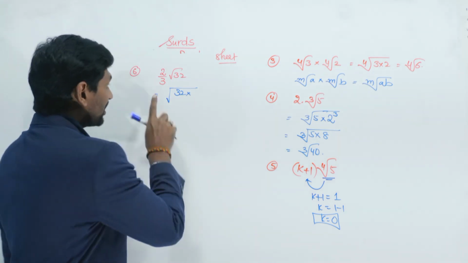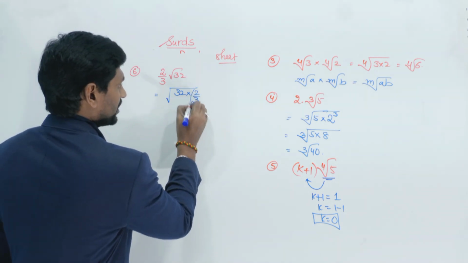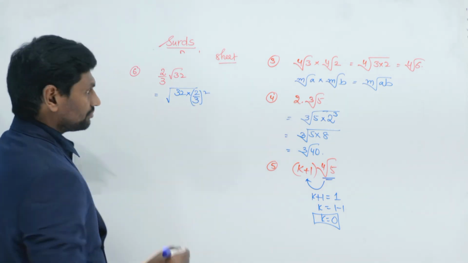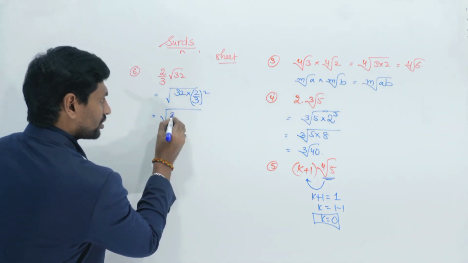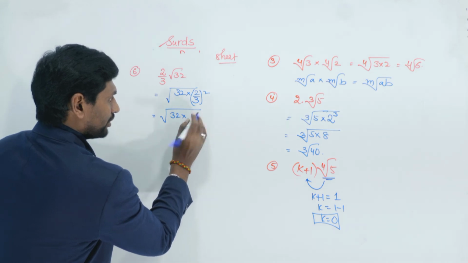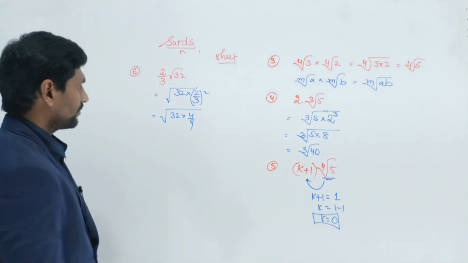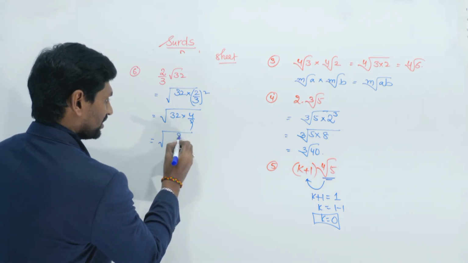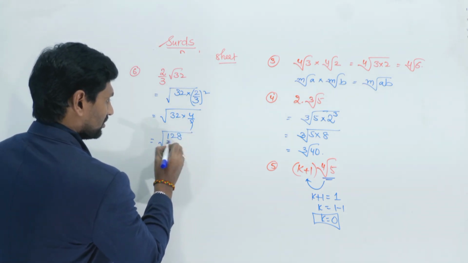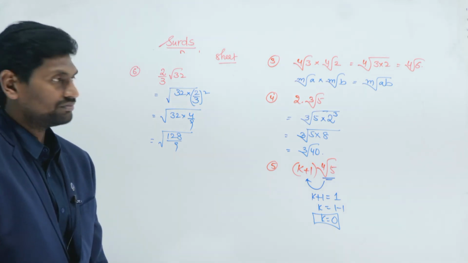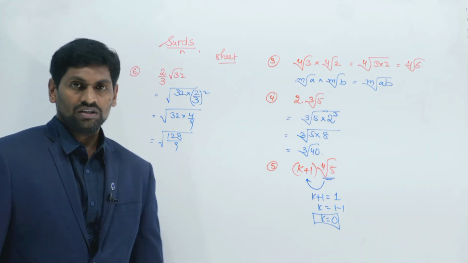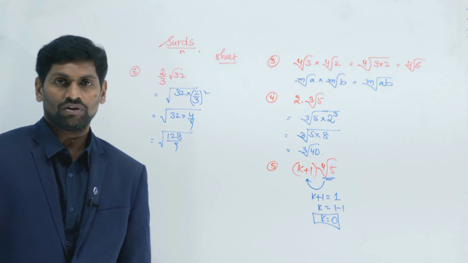Square root means order 2, so it will be 2 by 3 whole squared. That equals the square root of 32 into 2 into 2, 4, over 3 into 3, 9. Multiply here: 2 4s are 8, so 128 by 9. This is the pure form of a surd.